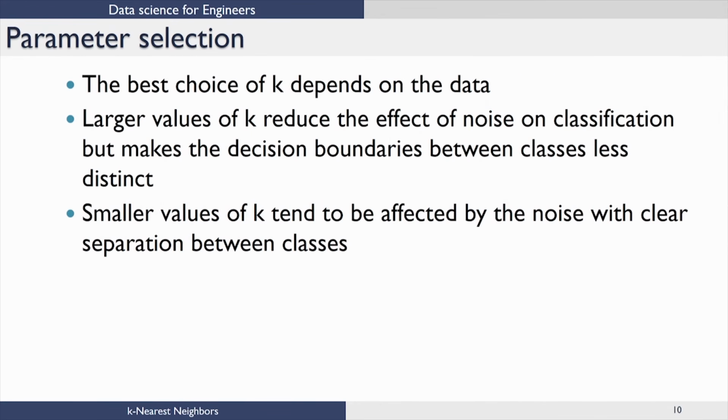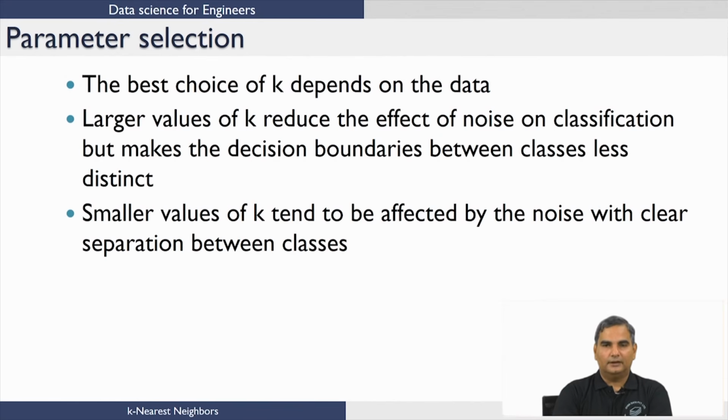The best choice of k depends on the data, and one general rule of thumb is that if you use large values for k, then clearly you are taking a lot more neighbors, so you are getting a lot more information, and the effect of noise on classification can become less.